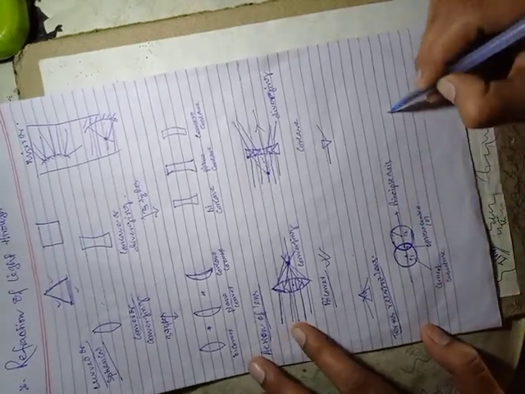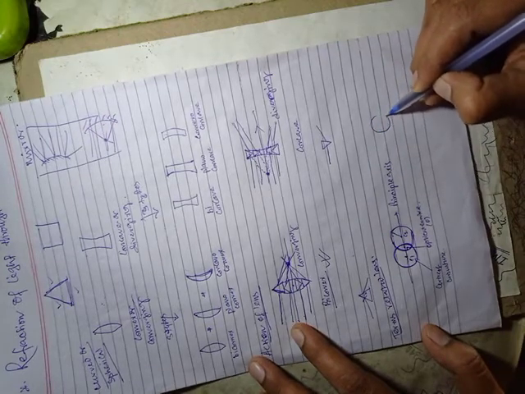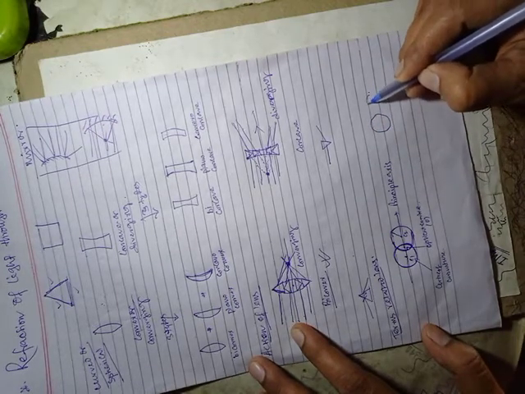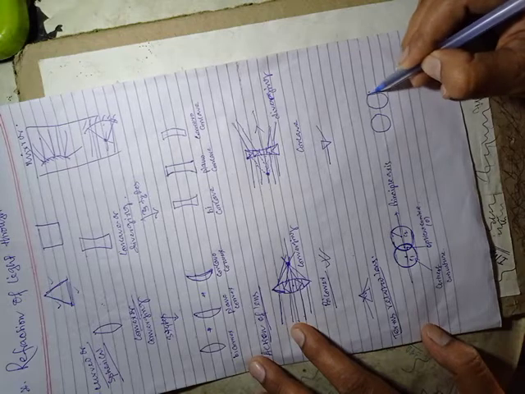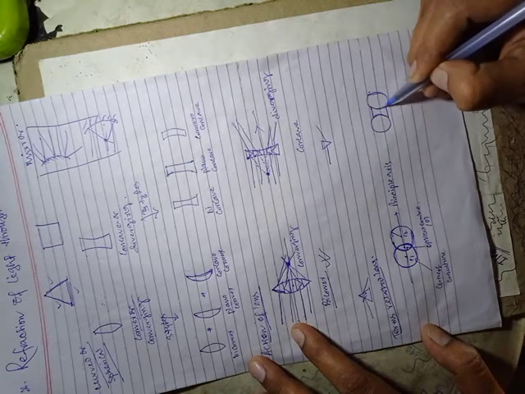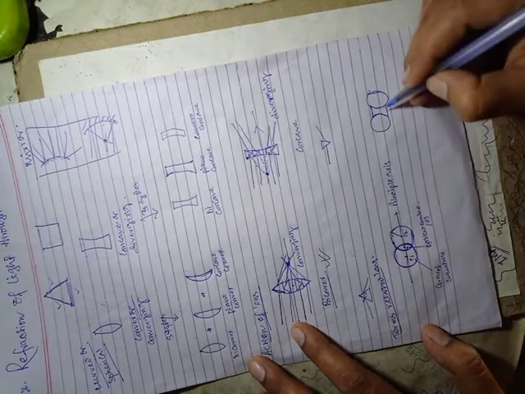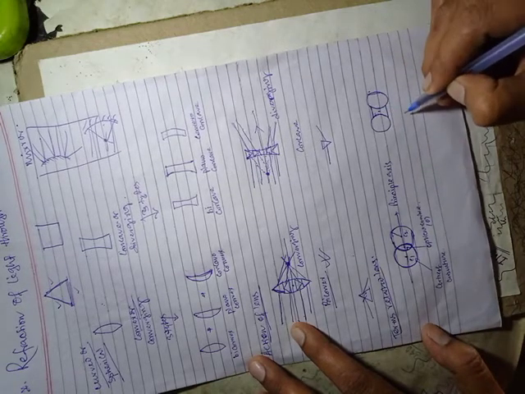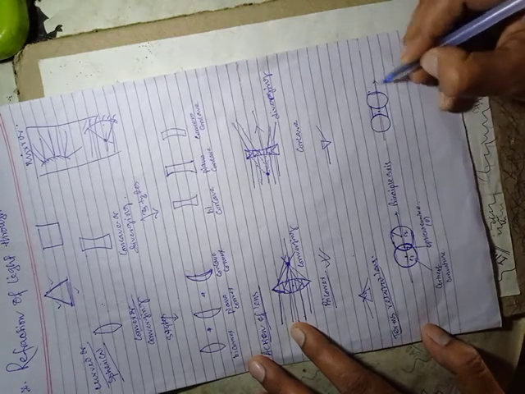And for concave, when two circles are placed like this, you can see it acts like a concave lens. The middle portion is the optical center, and this is the principal axis.